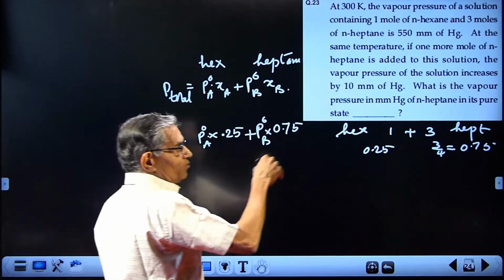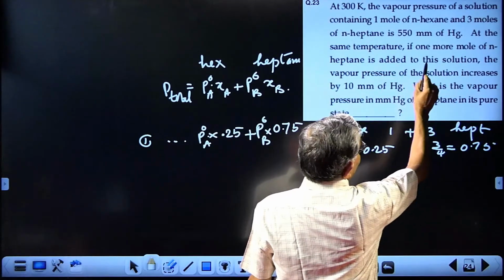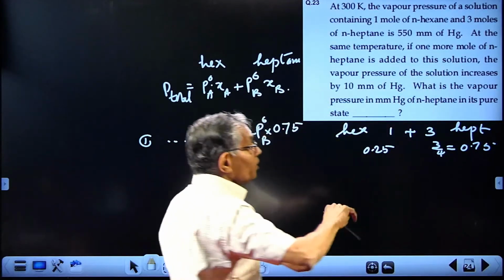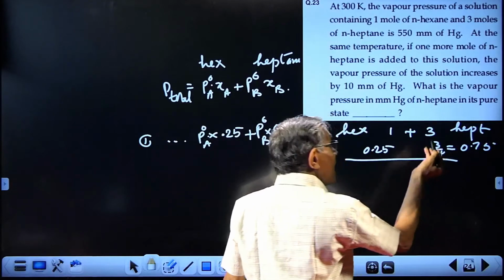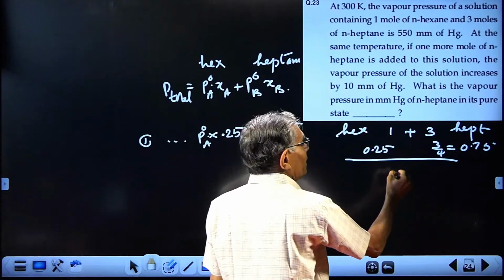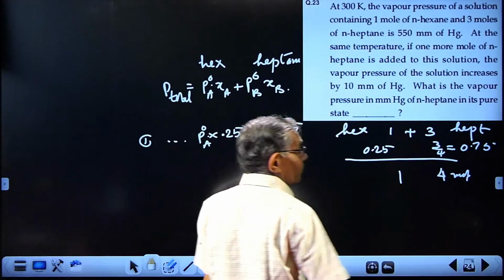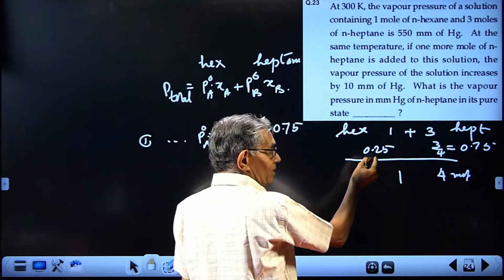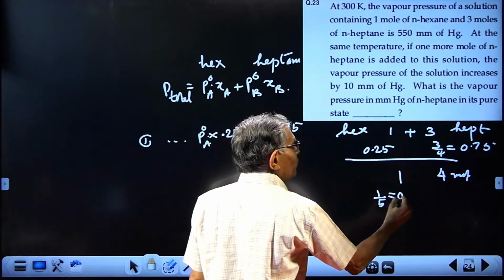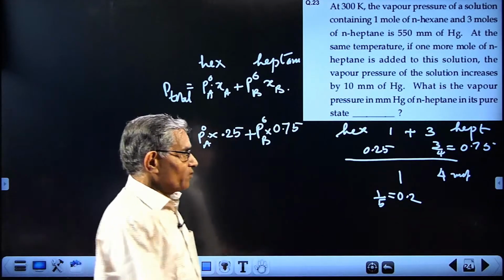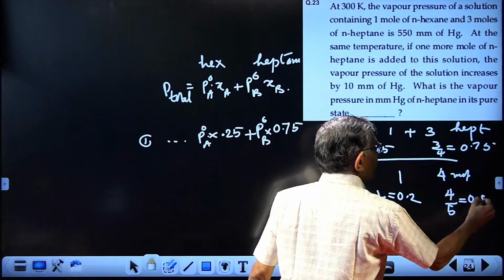Now what is given is, at the same temperature, 1 more mole of normal heptane is added. So along with that added heptane, this amount remains 1, but the other becomes 4 moles. So the first mole fraction becomes 1 by 5 equal to 0.2, and the second mole fraction becomes 4 by 5 equal to 0.8.